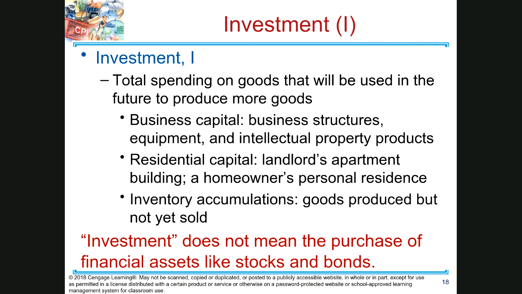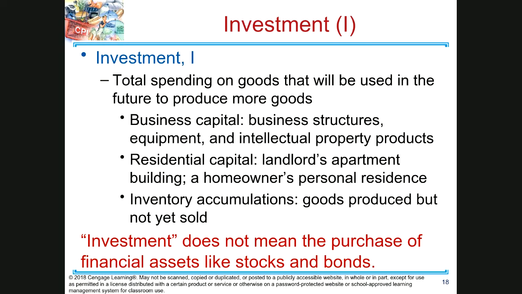Investment is total spending on goods and services that are used for future production. If McDonald's opens up a new building, they buy equipment, ovens, and tools. Or Pizza Hut builds a new building and buys ovens and tools and all that.